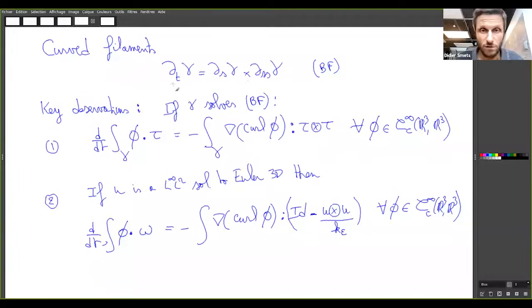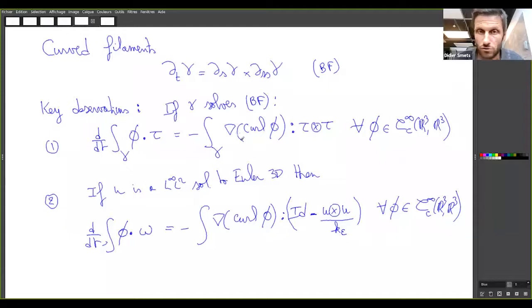We have a family of smooth curves which solves the binormal flow equation, which I have rewritten here. And I said that a weak or integral formulation for being a solution to binormal flow is the following, where this means the circulation of the test vector field phi along the curve gamma, and the time derivative of this is an expression where only the tangent vector to the curve enters into play.